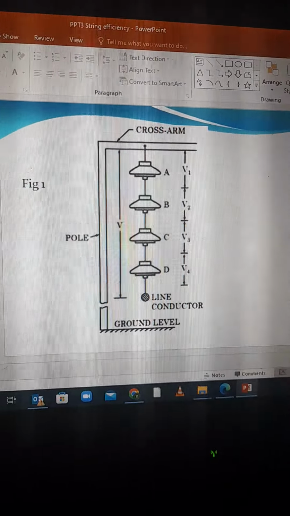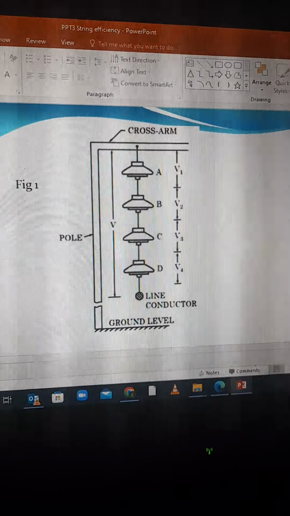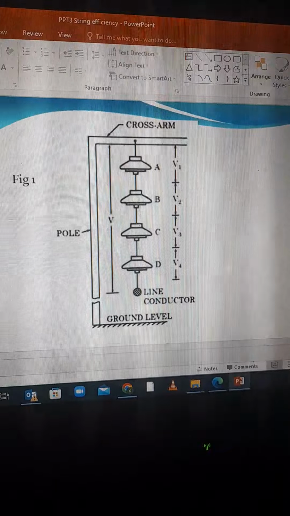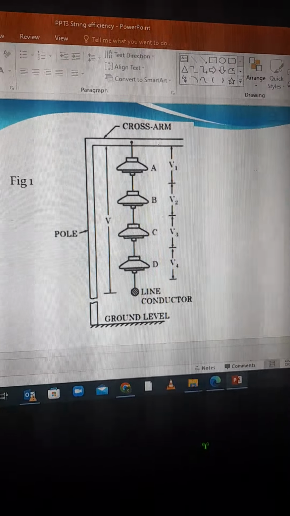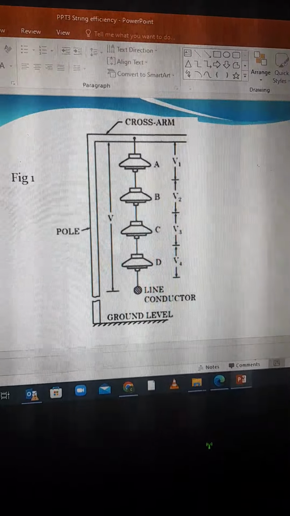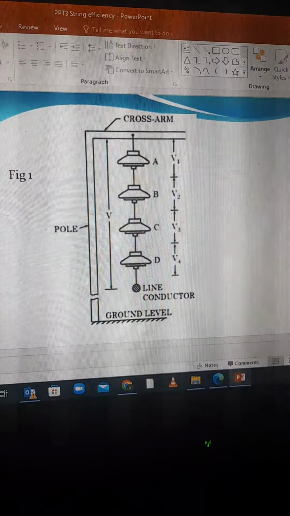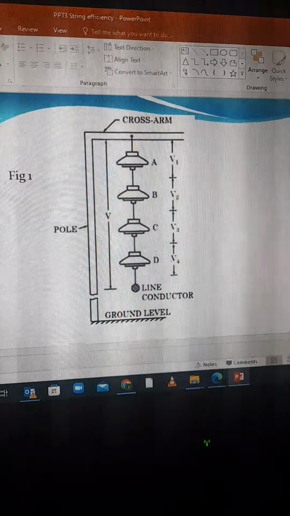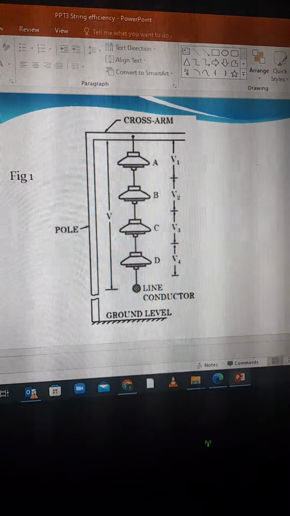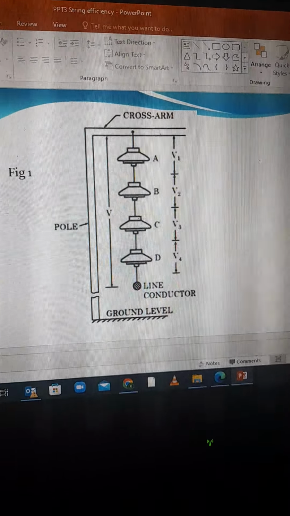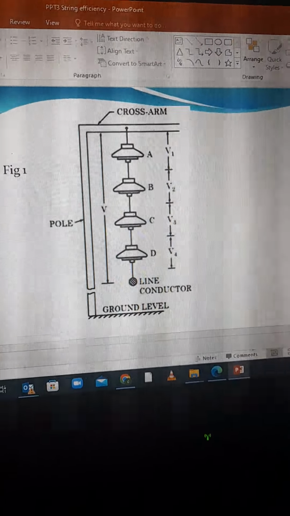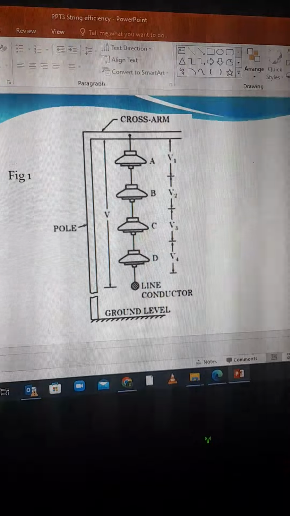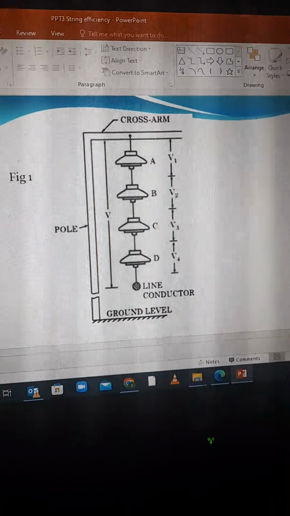It is believed that there is voltage distributed along those insulators. Down there we have a line conductor, so it's distributed across D, C, B, and A. In normal circumstances, those voltages were supposed to be equal, but they are not equal due to some circumstances.